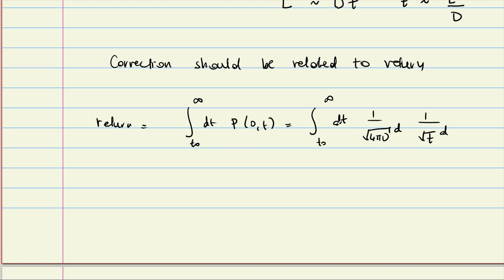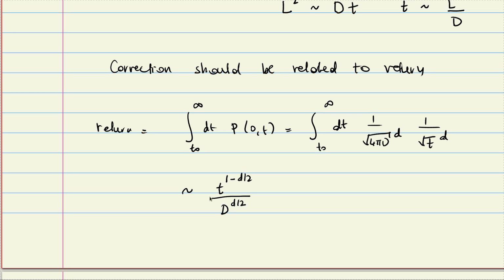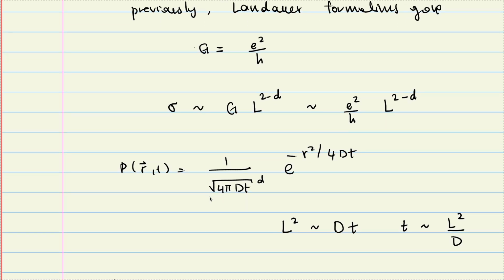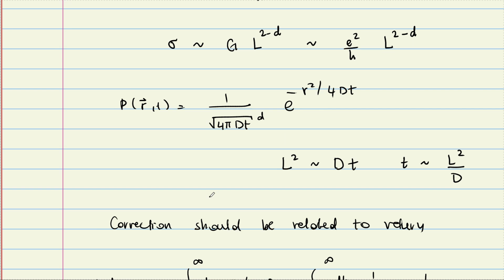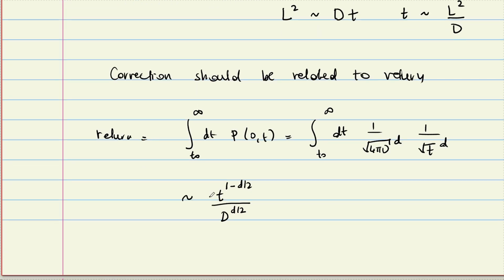In terms of dimensions, I have t here to the 1 minus d over 2, and here I have the diffusion constant to the d over 2. Did I get 1 minus d over 2? And yes, this seems to be correct.